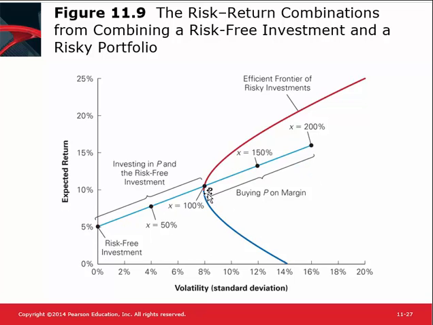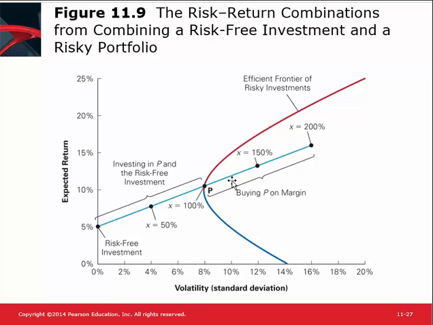So here we have this particular portfolio. Here's the portfolio we're thinking about buying, Portfolio P. Here's the risk-free asset. And again, if you remember from our previous discussions, the straight line relationship everywhere between risk-free and P, these are positive long investments between those two investments.